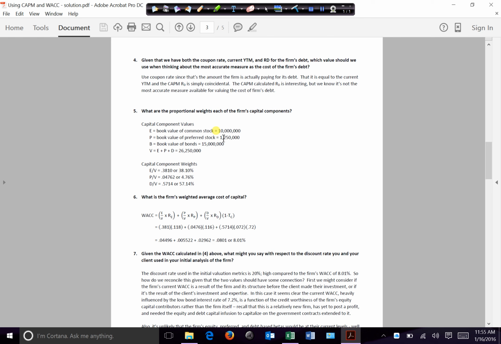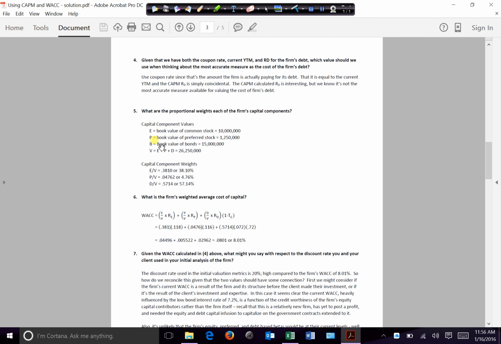If I was giving you market value weights, we're told in that matrix I gave you earlier, the market value of the outstanding stock was 12 million, not 10. And the market value of the outstanding preferred was 1,450,000, I think, rather than 1,250,000. So if we'd added those up, that would have given us a different V, which would have changed these weights some.